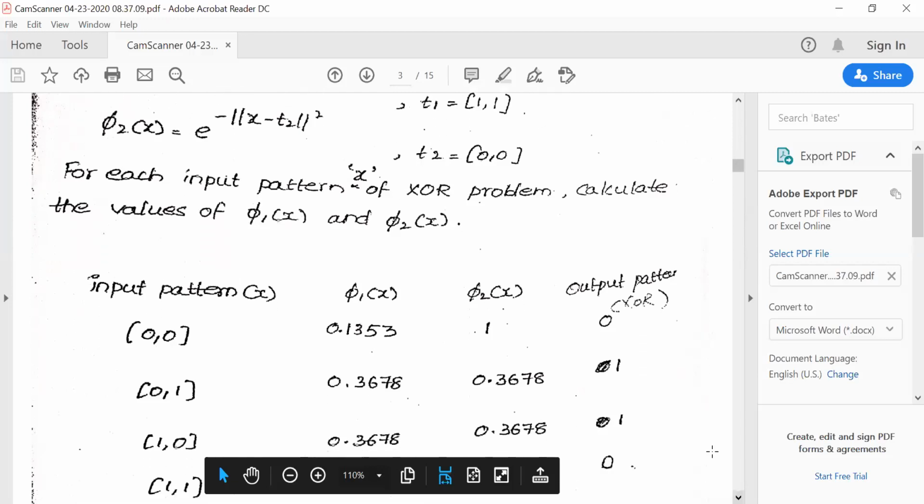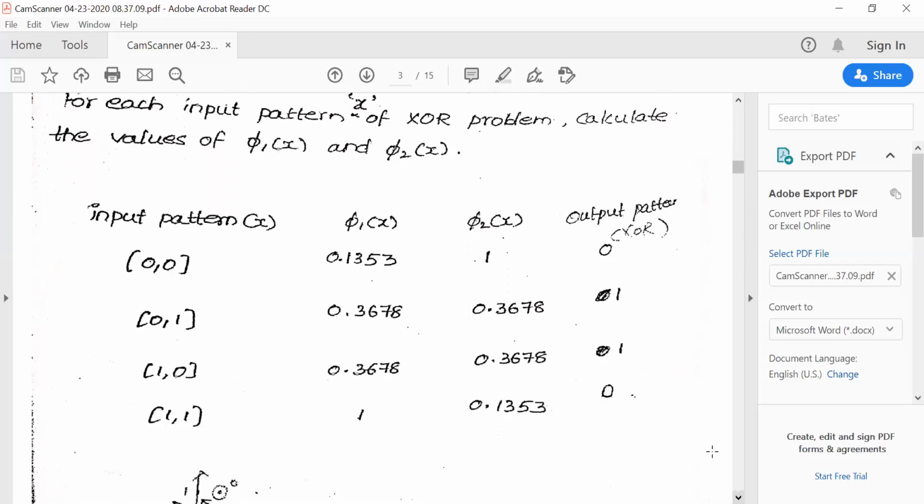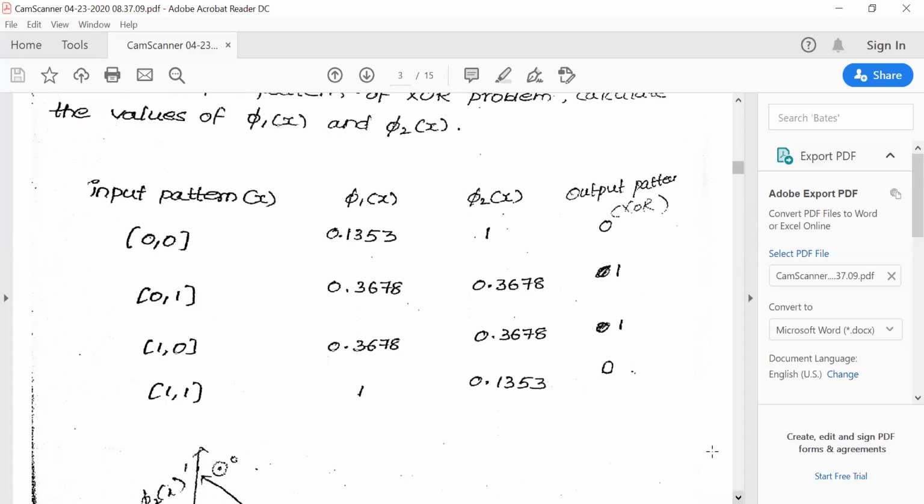Now for each input pattern, we can calculate the values in the high dimension space by using phi1 and phi2. The input pattern is (0,0). Phi1 of x will be the value 0.1353.